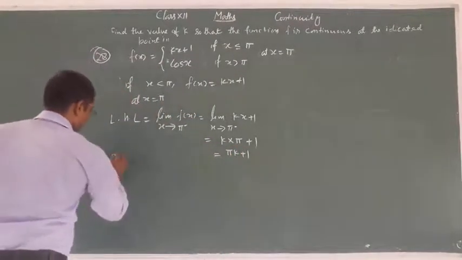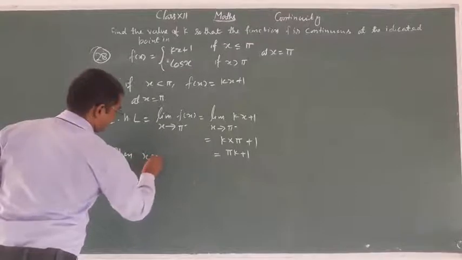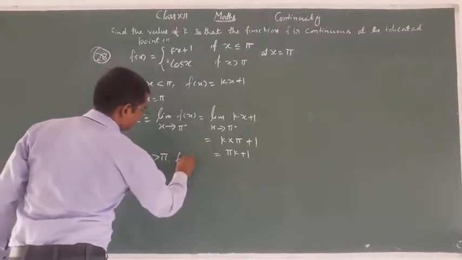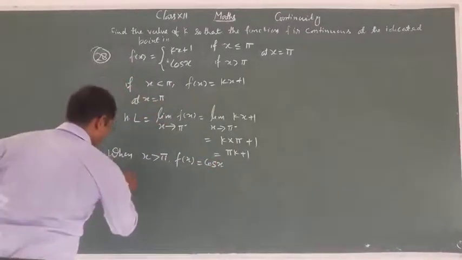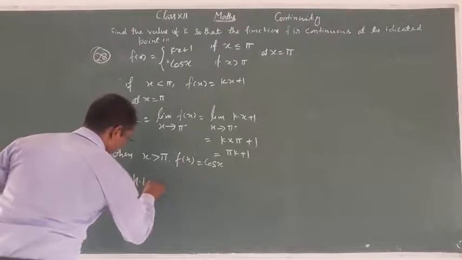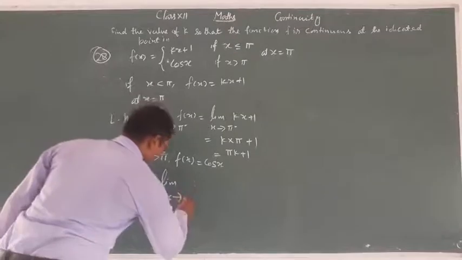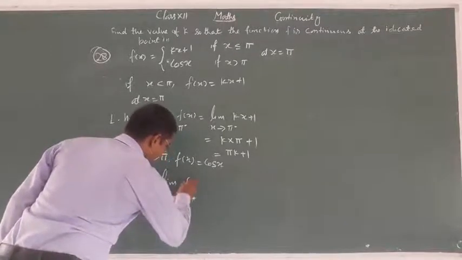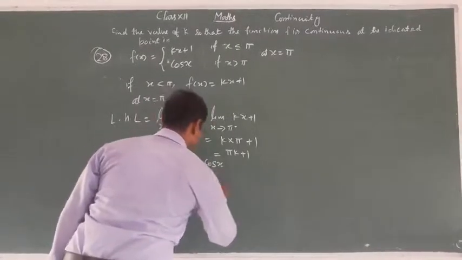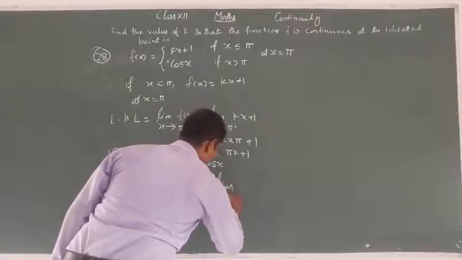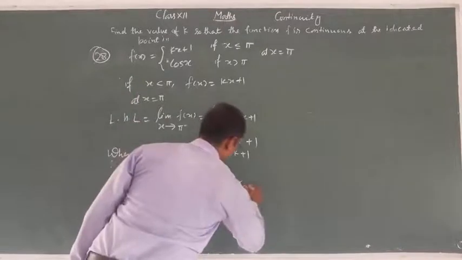And also when x is greater than pi, f(x) is equal to cos x. So the right hand limit, x tends to pi from the right, of f(x) is cos x.